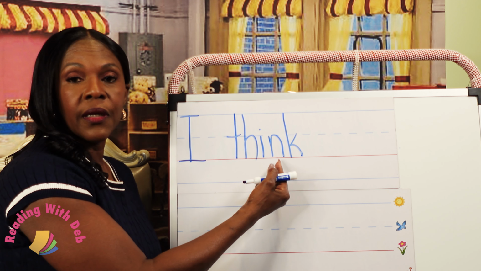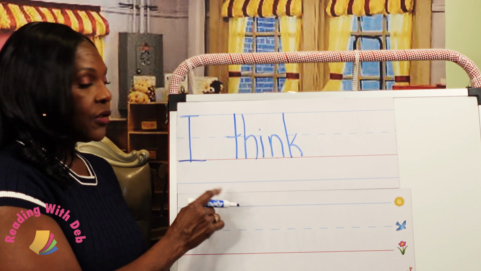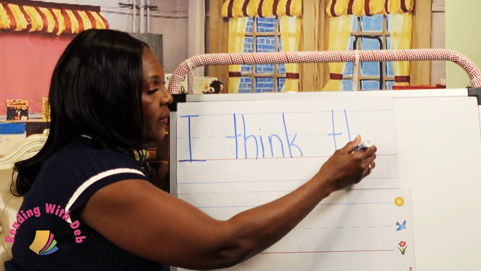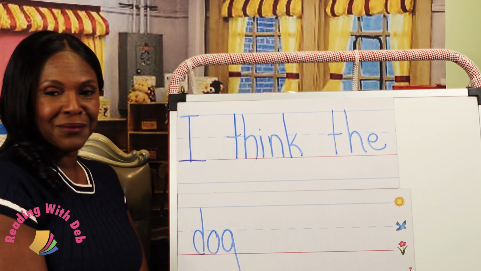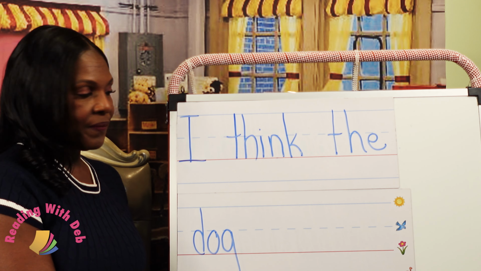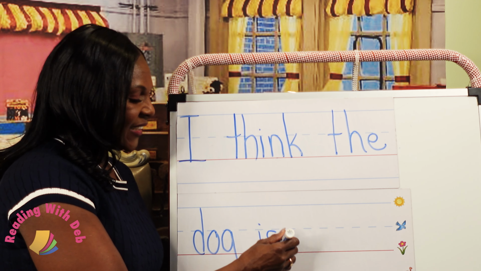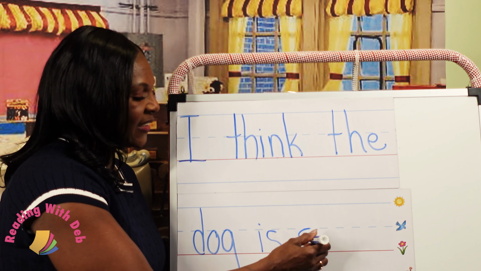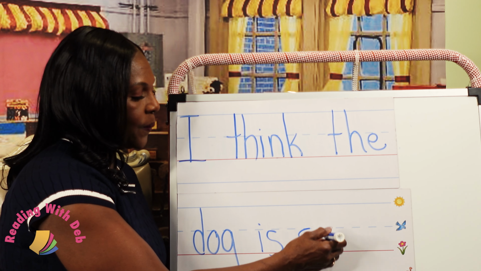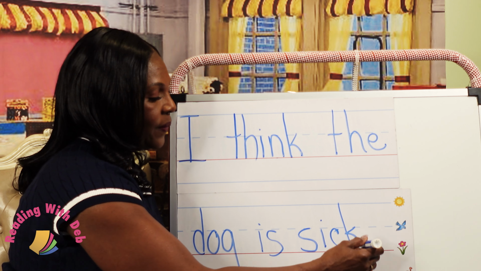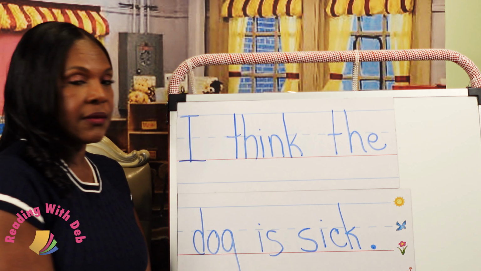It is after a consonant. Okay? So I think the, we should spell that very quickly. Dog, D, A, dog, G. D-O-G, dog. I think the dog is sick. Sick. C-K. Period, because it's telling us something.